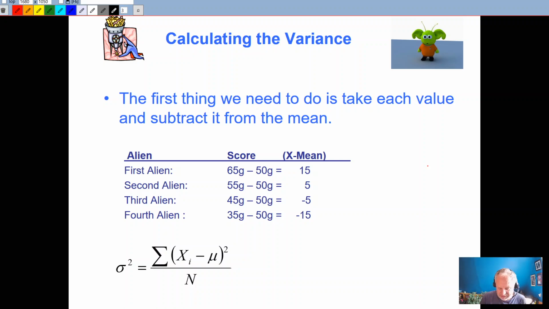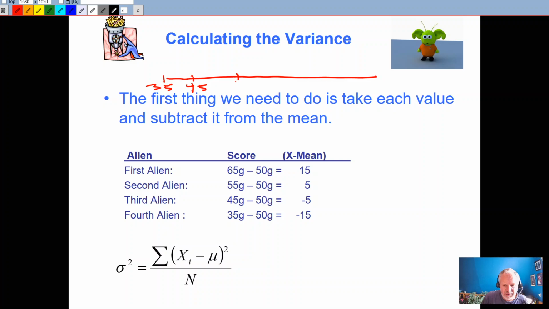If I look at the values, I've got my 45, 35, 55, and I have my 65.